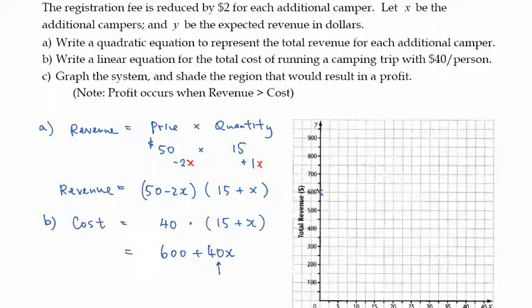Starting from 600, we have 40 for the slope. It will go up by 40 for every time you run to the right by 1 unit.